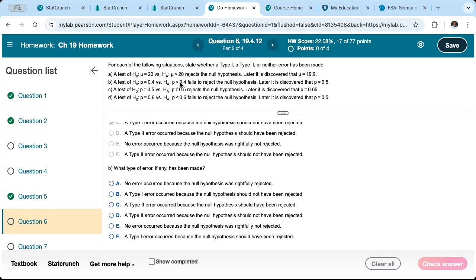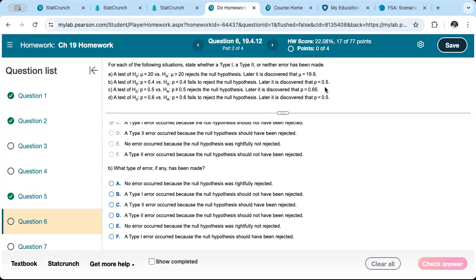What did they do? They failed to reject the null hypothesis. Is that okay? So since they failed to reject the null hypothesis, it means that they do not have enough evidence that the proportion is less than 0.4.